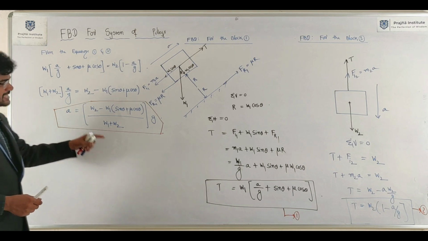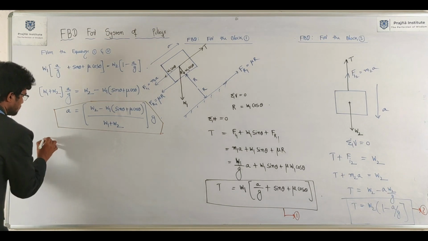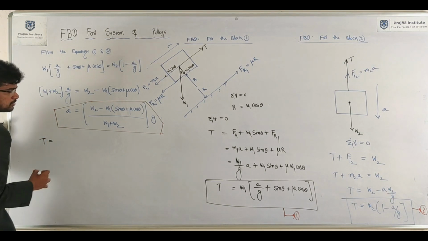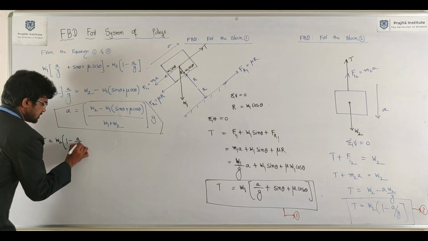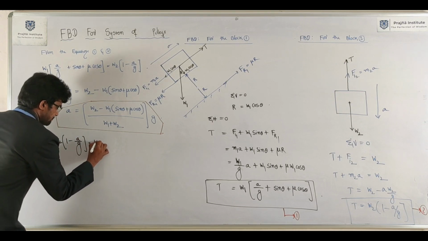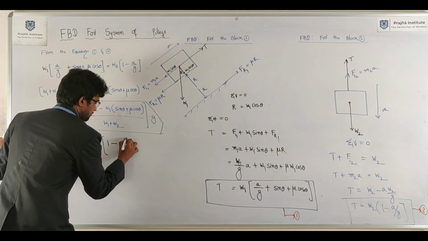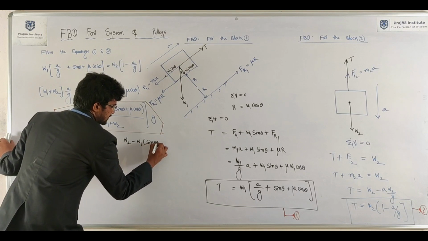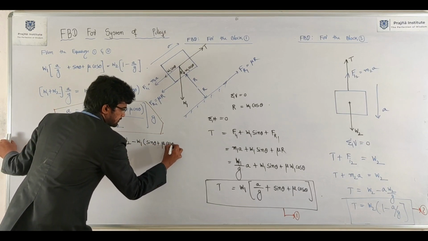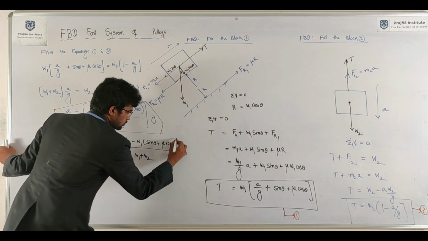Just substitute this acceleration in that particular expression. Then what will you get, tell me? Tension T equal to W2 into 1 minus A by G. W2 into 1 minus A means W2 minus W1 sin theta plus mu cos theta by W1 plus W2.